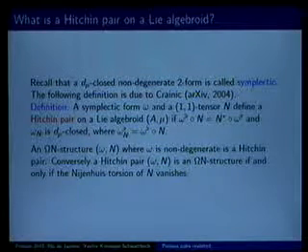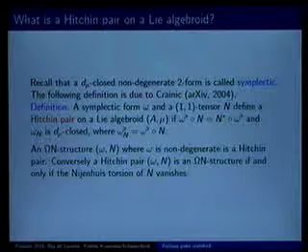Also, another thing that is in the literature, although it's in an unpublished paper by Marius Crainic, is the notion of Hitchin pair. So what's a Hitchin pair? Well, you start from a non-degenerate 2 form and a 1-1 tensor, not necessarily Nijenhuis, and you impose that the omega N, which we defined before, be closed.